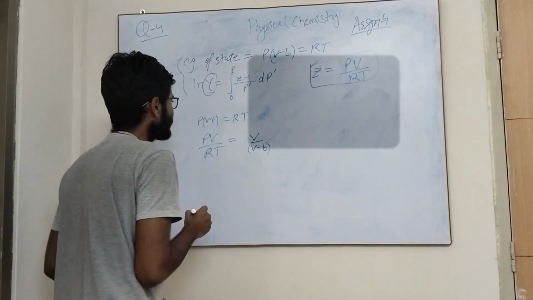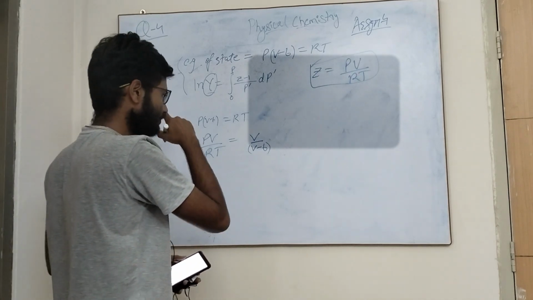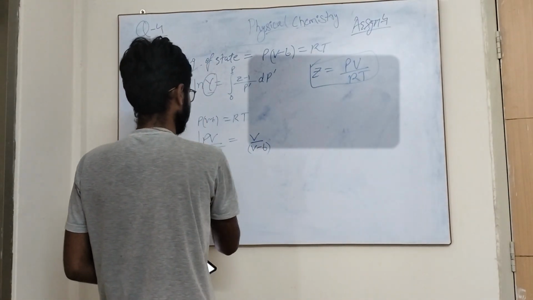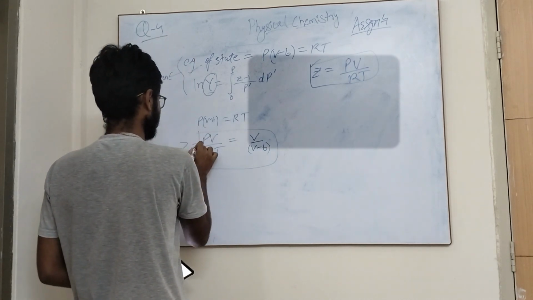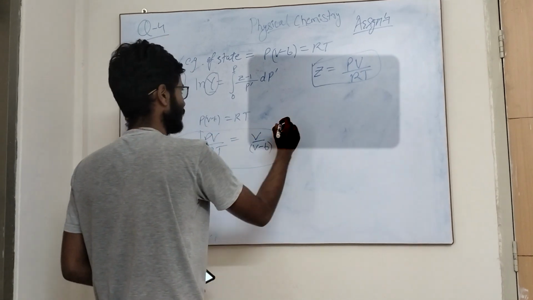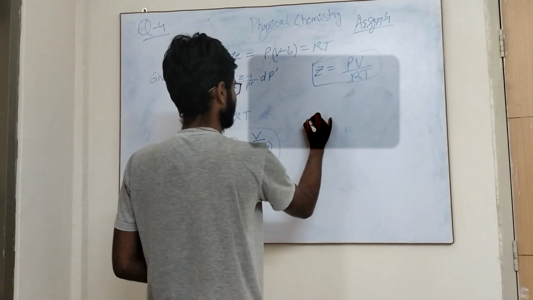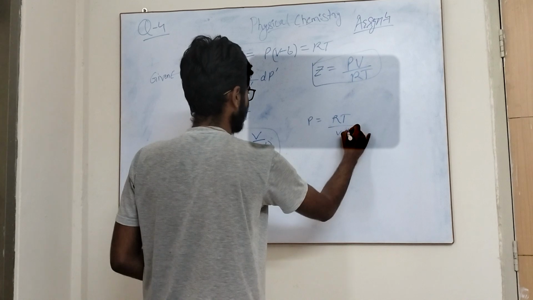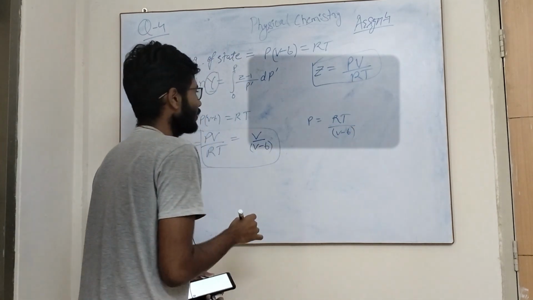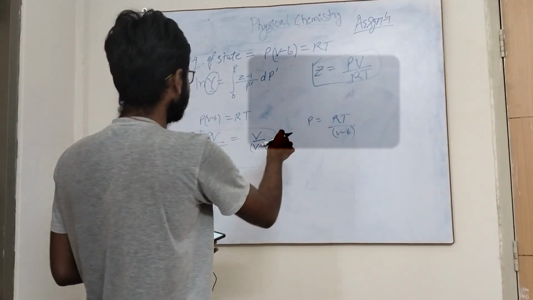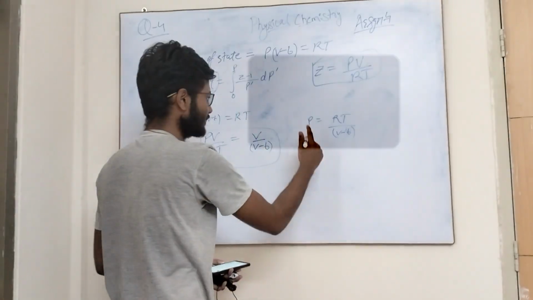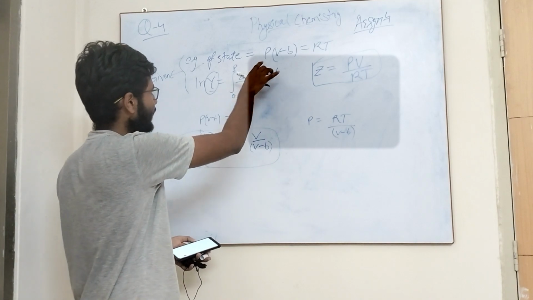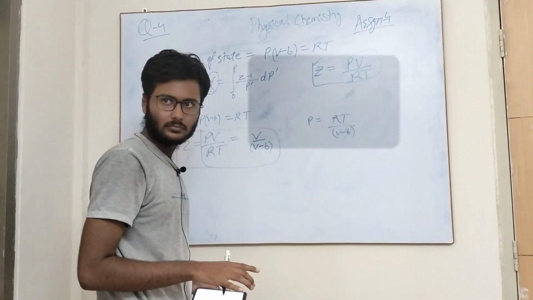Then Z is equal to this one, and P can be written as RT by V minus B. So for some intermediate pressure P dash, because whatever be the expression, the equation of state will always be followed.